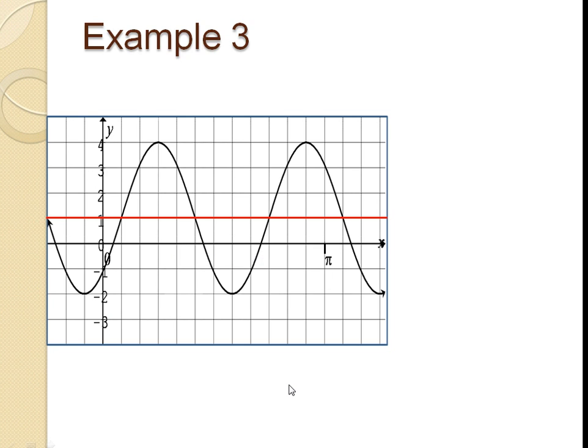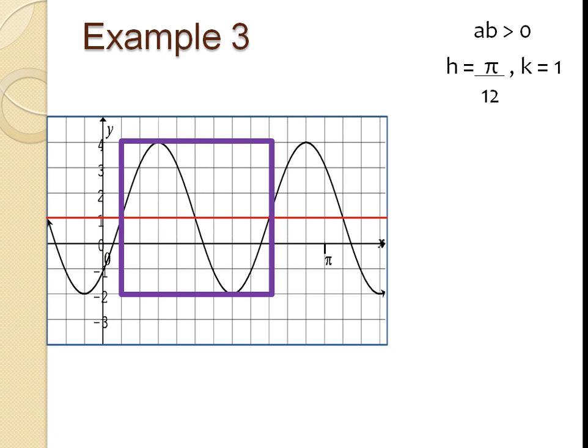In other words, every 12 boxes makes a pi. So each box is 1/12 of a pi, or pi over 12. So your starting point in this case would be pi over 12 and 1, if I were to choose the first one.